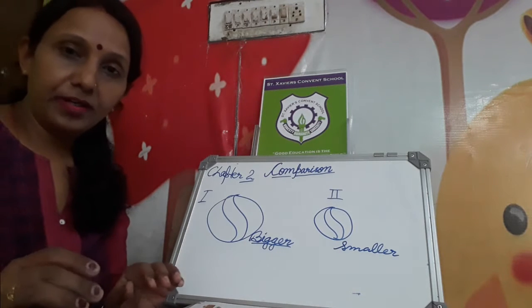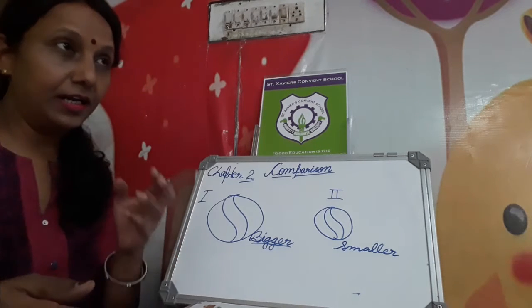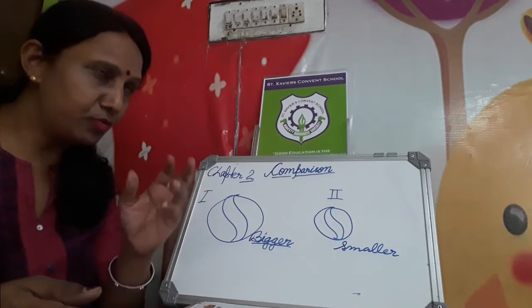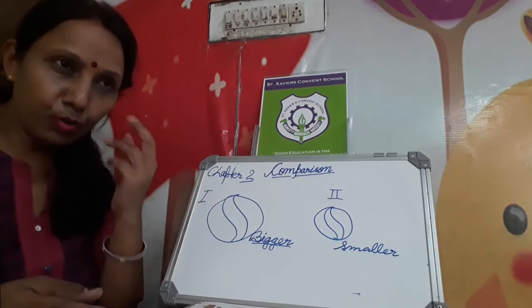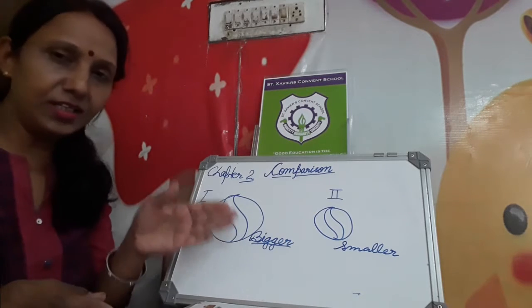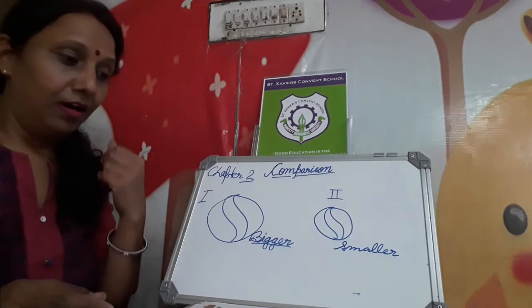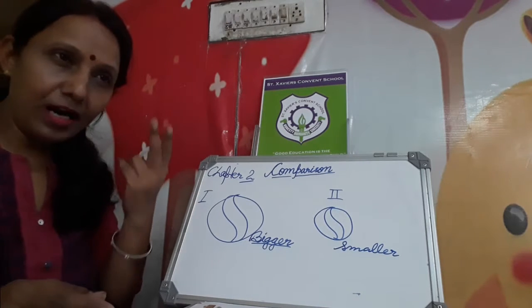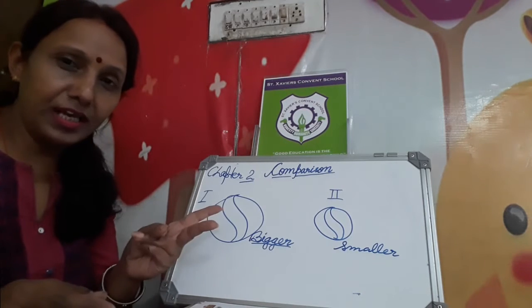So you can compare many more things like this at your homes, and through your observation you can see which one is the bigger one and which one is the smaller one. That's why this topic is there for you, just to develop in your mind how you do the comparison between two things.